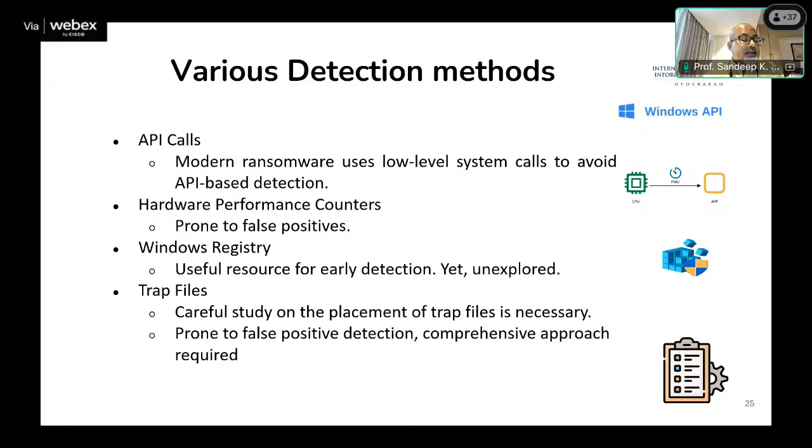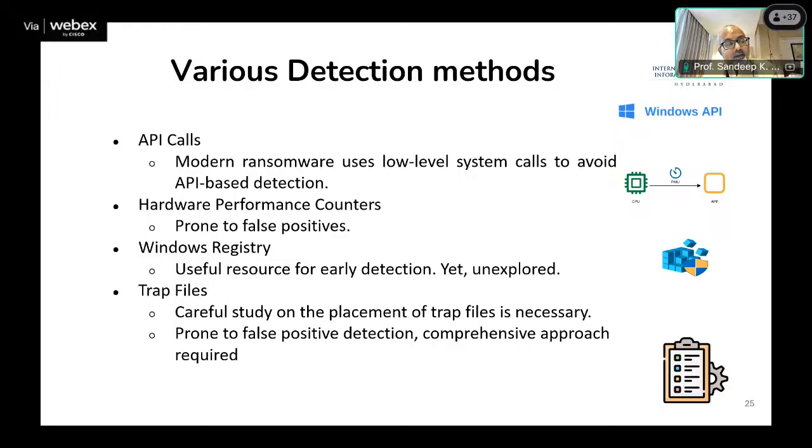The only challenge with trap files is that ransomware may start encrypting files from a particular directory, maybe the top level directory, maybe the deepest level of directory, and so on. So if you put your trap file in a directory that the ransomware will reach very late, then you will also detect the ransomware very late.